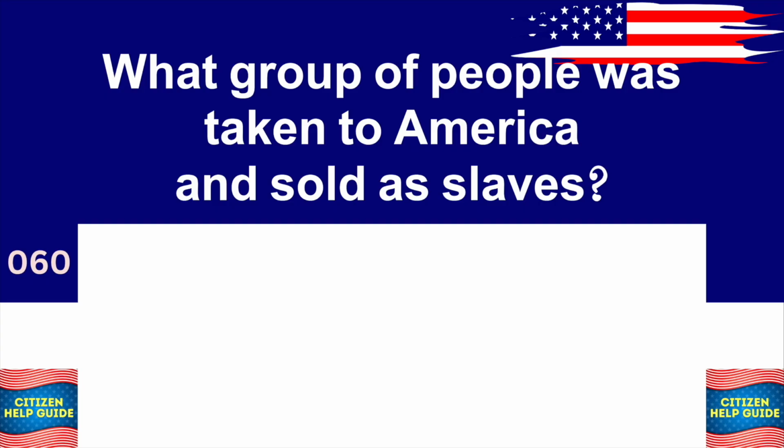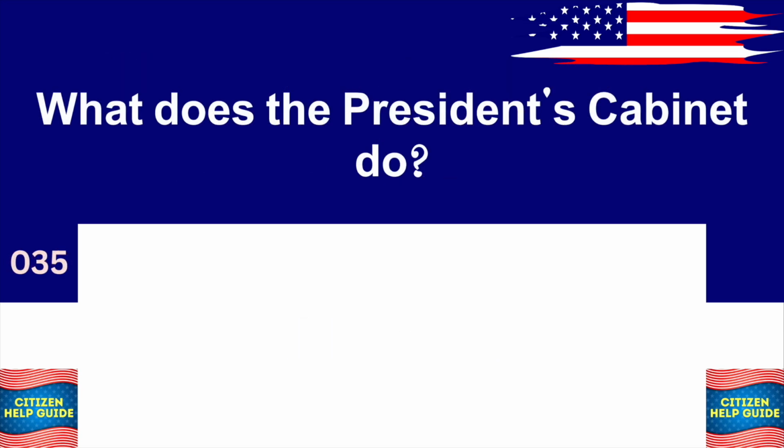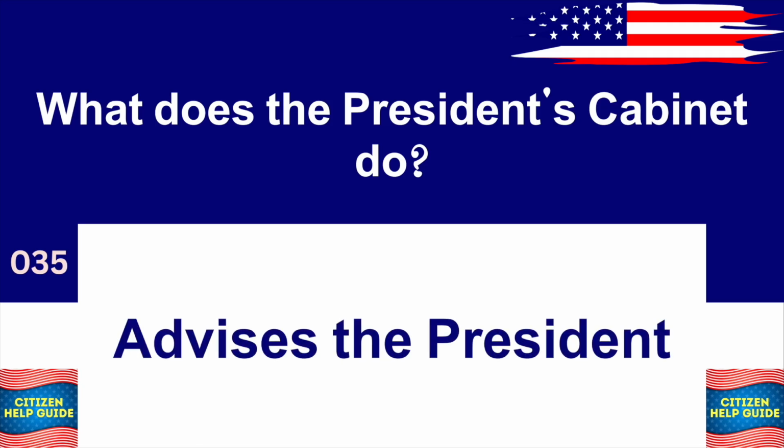What group of people was taken to America and sold as slaves? Africans. What does the President's cabinet do? Advises the President.